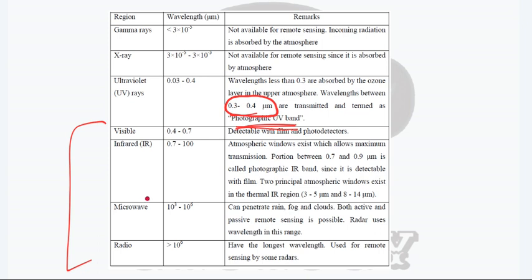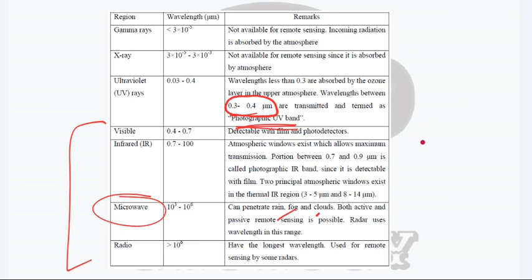This microwave is the father of every remote sensing because it can penetrate rain, fog, and cloud. The atmosphere is transparent for microwave. Why? Anyone? Why does the atmosphere behave transparent to microwave? Yes, the wavelength is small.